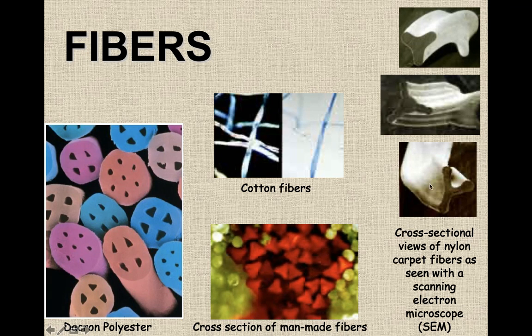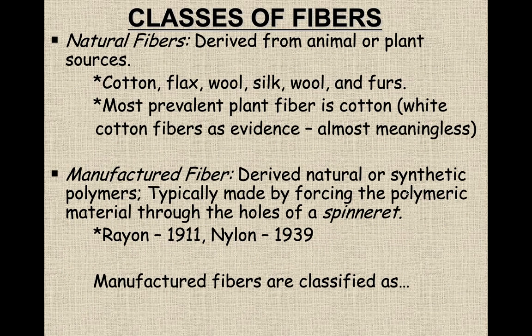The spinneret is like a mold where you force the chemicals through, and they form that fiber, that thread, based on the shape the spinneret mold is using. Fabrics like rayon and nylon were made of manufactured fibers in the early 1900s.